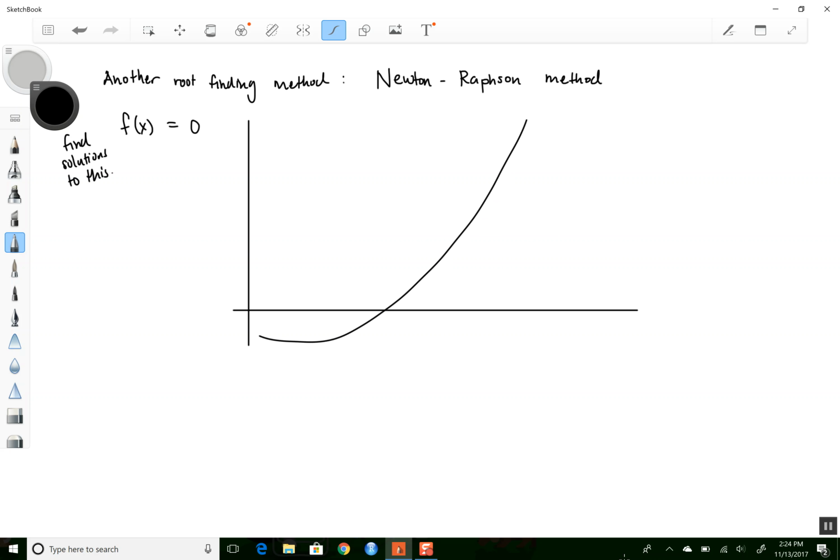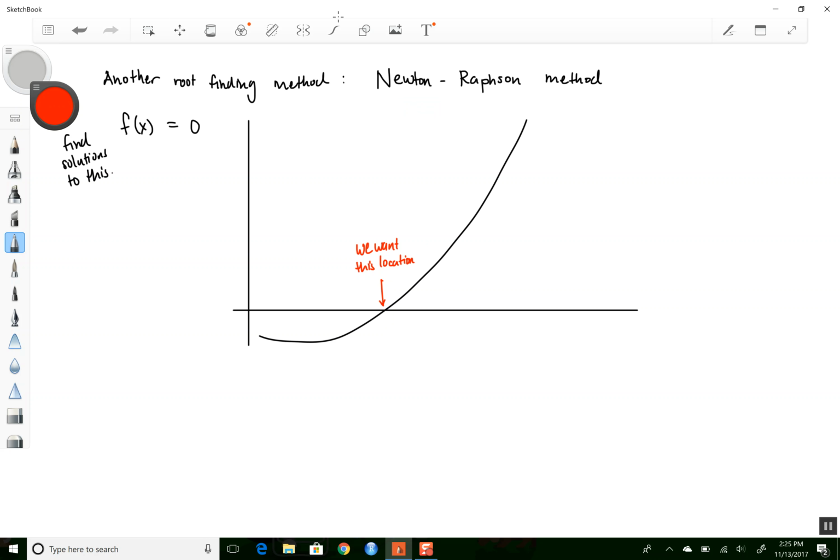All right, so let's say this is our function, right? So the root is going to be right here. This is what we want. Okay, we want to find this. We want this location.